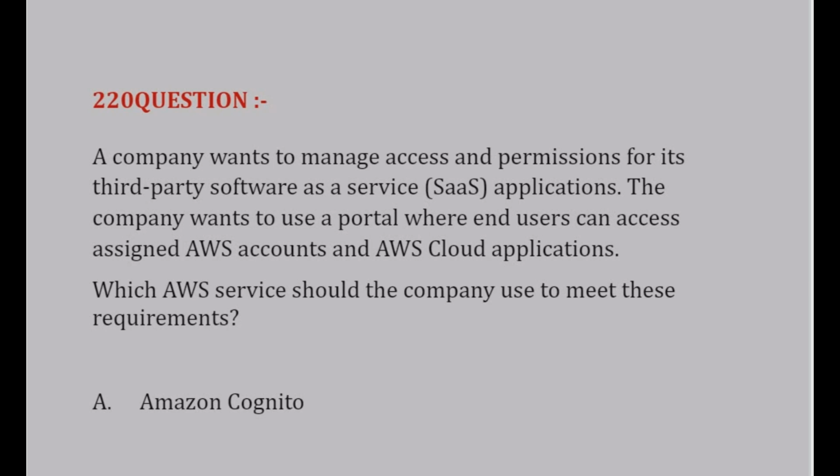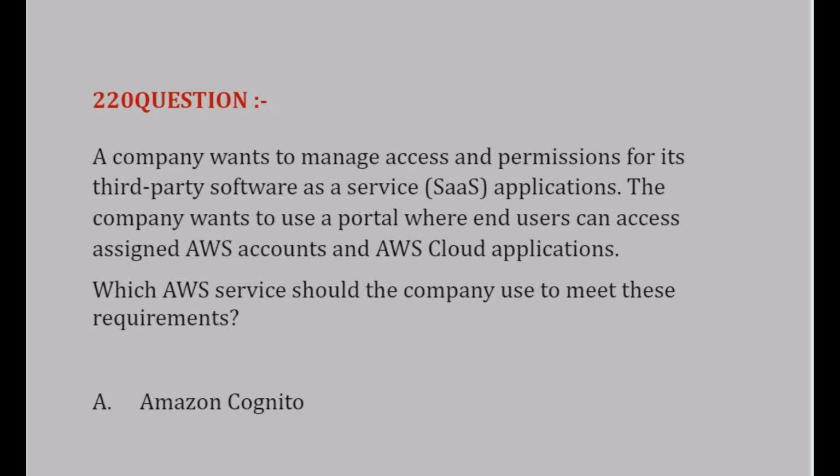Question is, a company wants to manage access and permissions for its third-party software as a service SaaS applications. The company wants to use a portal where end users can access assigned AWS accounts and AWS cloud applications. Which AWS service should the company use to meet these requirements?